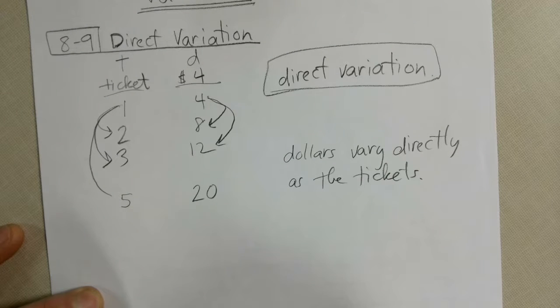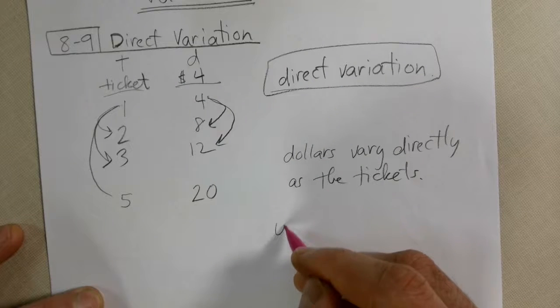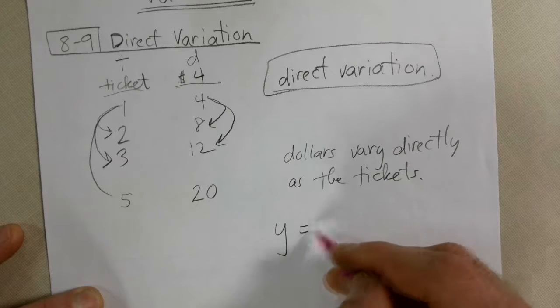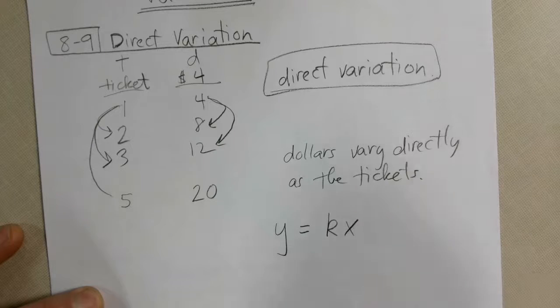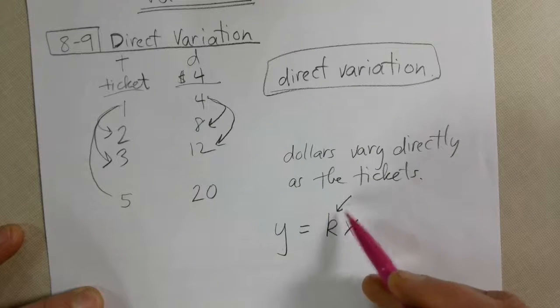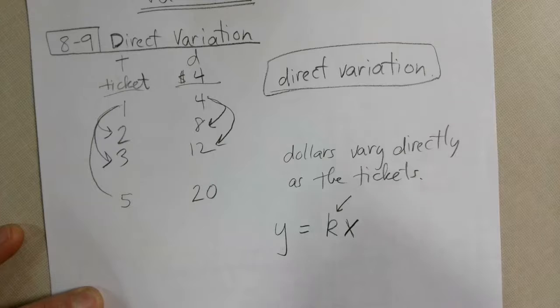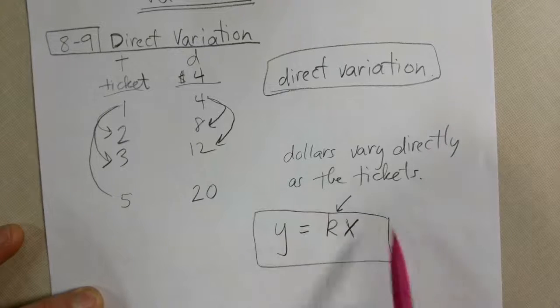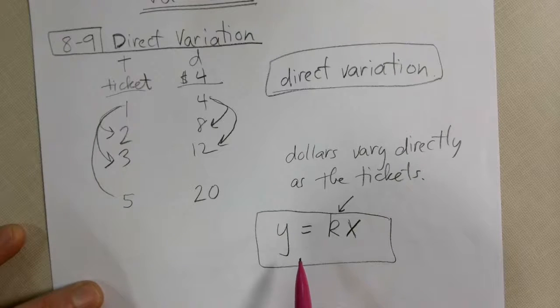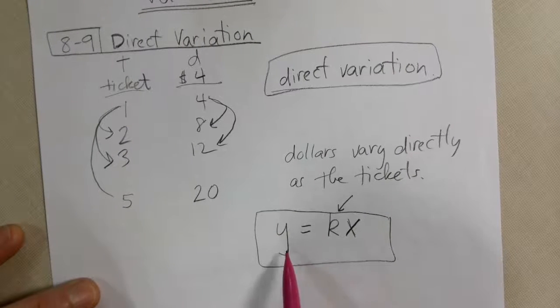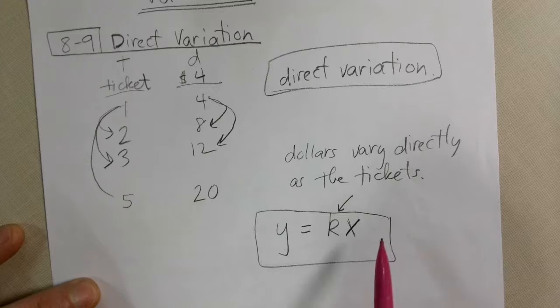Okay, this is called direct variation, and what we can say is that Y varies directly as X. That's how I would read this. Y varies directly as X. And K is the number that you multiply the X by to get the Y. This is a new way of talking about something you already know about. It's just the vocabulary is going to be tricky. So if I say something varies directly, then you have to remember Y equals KX.